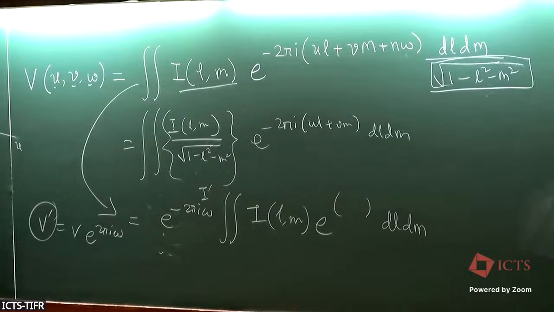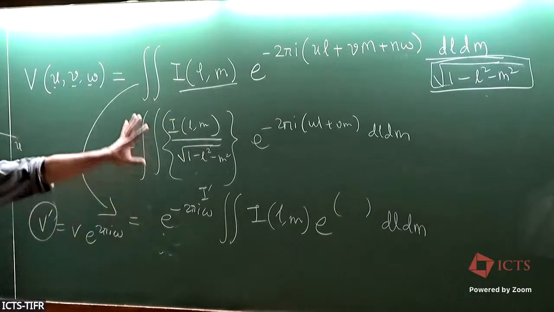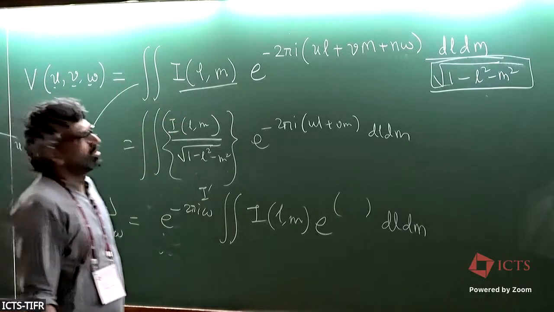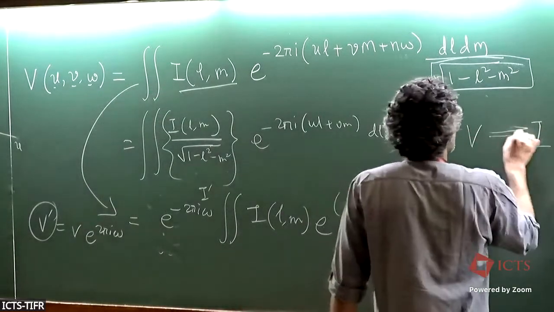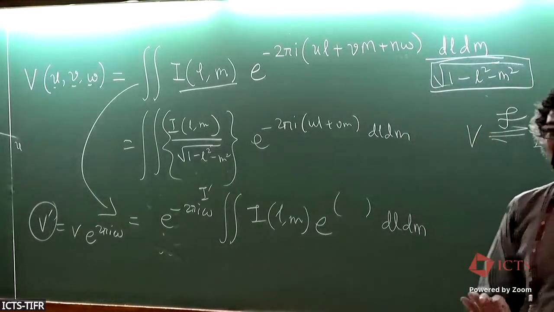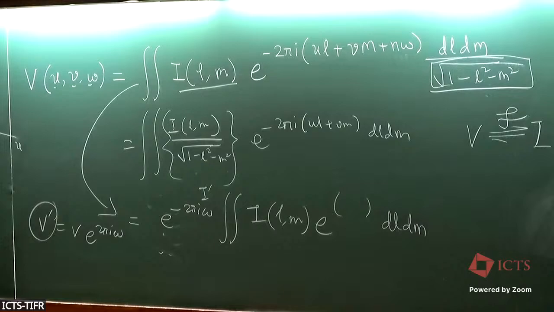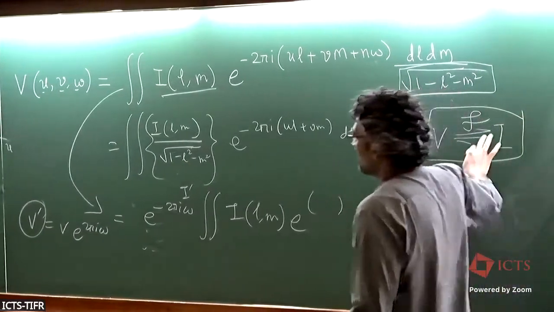So the key thing is that I have this relation, which from now onward, I will not worry about these details. I'll just say that my V and I are related by a Fourier transform operation. Okay, but remember this is an approximation. So with this, this is what we have done.